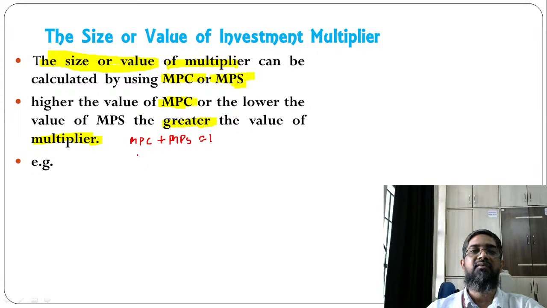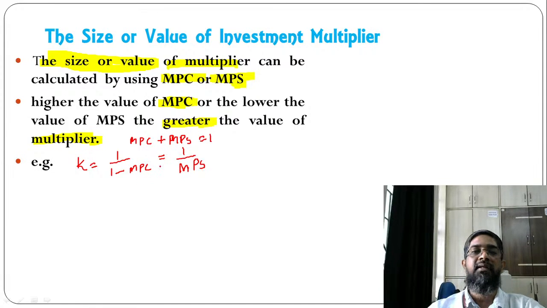And what is the formula of k, that is the multiplier? 1 upon 1 minus MPC, where b is MPC, or you can directly write 1 upon MPS, because 1 minus MPC is MPS only, since MPC plus MPS is equal to 1.